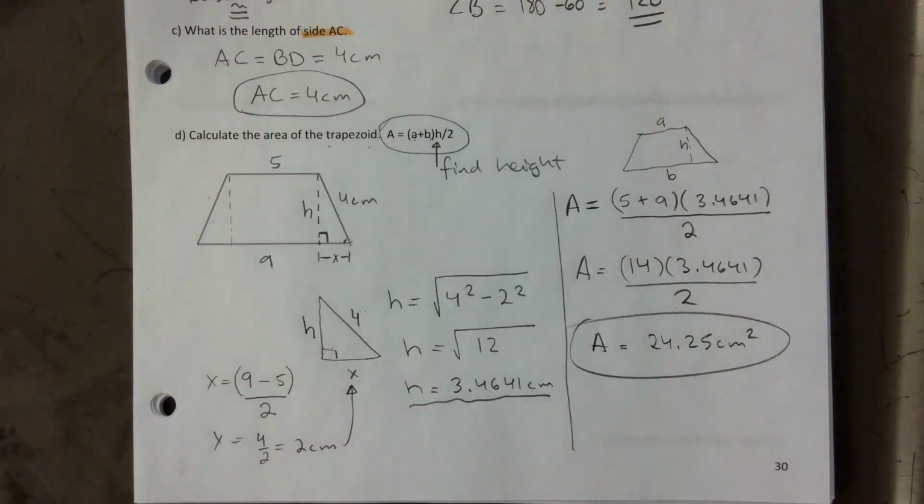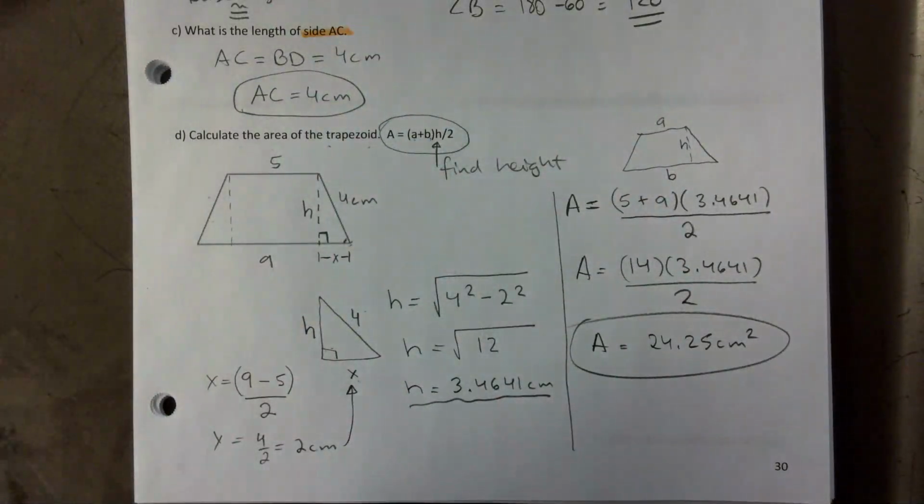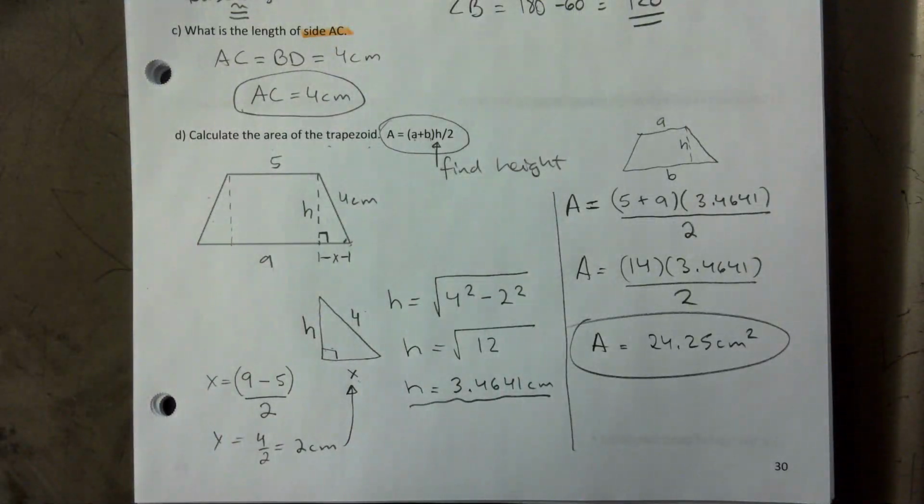I've never seen one like this on the exam, and as far as I know, you're not required to know how to do the area of a trapezoid. I still do it because I think it's a good skill just to do the calculations and be thorough with your work. But I'm going to leave it there. So whenever it's asking for area, don't worry about it.